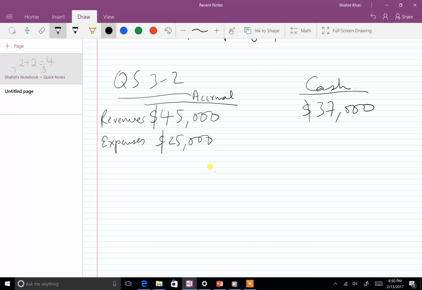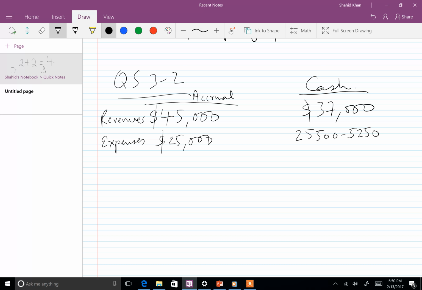While on the cash, it doesn't talk about the cash right now, but it says that out of the 25,500, 5,250 is still not paid. So you can find the cash by 25,500 minus 5,250, right? That will give you the cash figure.